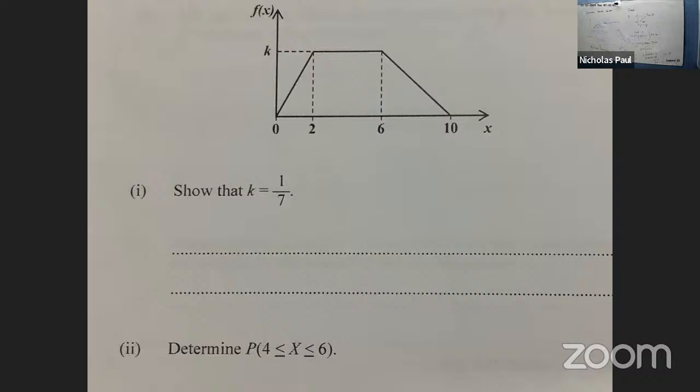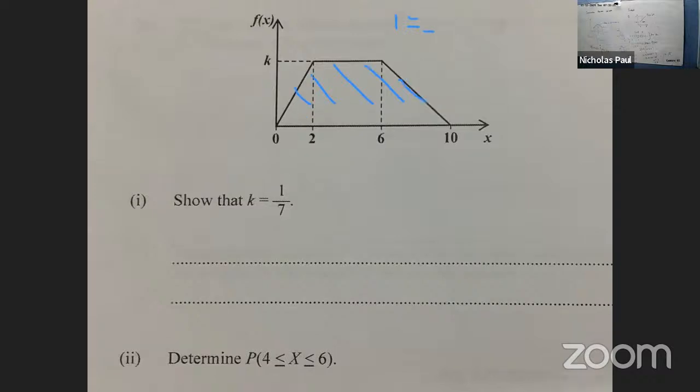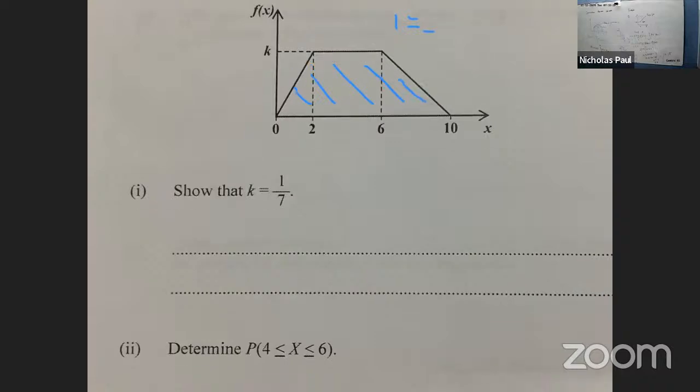All right, I'll do it right here. So they want us to show that k is 1/7. What is the total area here, Olivia? 1. So 1 is equal to half the sum of the parallel sides.